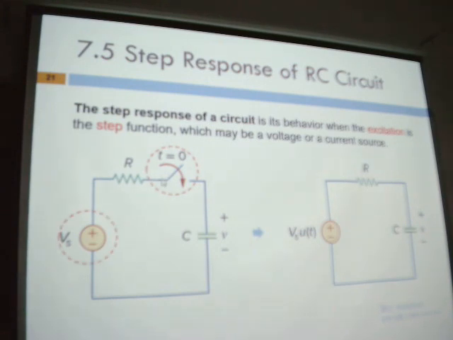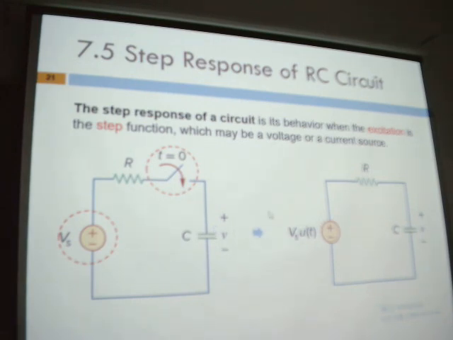And here we can see, for the original figure, there is a switch. Before the switch closes, the circuit is open, right? So V is equal to 0 before t greater than 0. If we close this switch, the circuit is connected, so then our V has a value, and it becomes this figure.